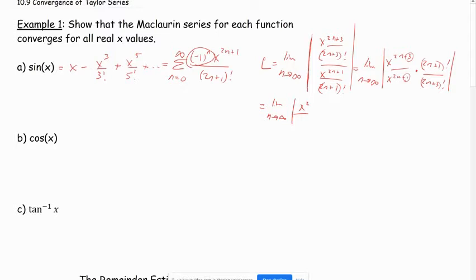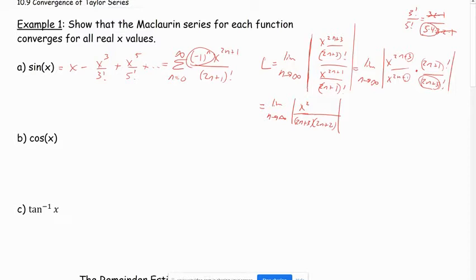And then if we simplify the factorials, we would end up with 2n plus 3 times 2n plus 2, the last two numbers, because since this number is 2 units bigger, that's like doing 3 factorial over 5 factorial: 3 times 2 times 1, and 5 times 4 times 3 times 2 times 1. So we see those all cancel, leaving the two biggest numbers. So that's what I have here, the two biggest numbers.